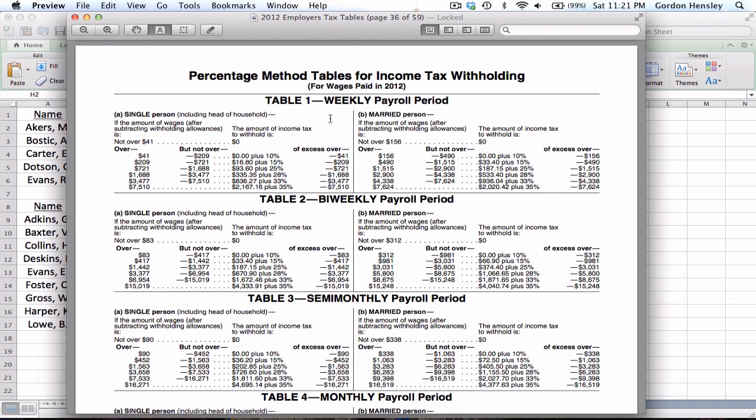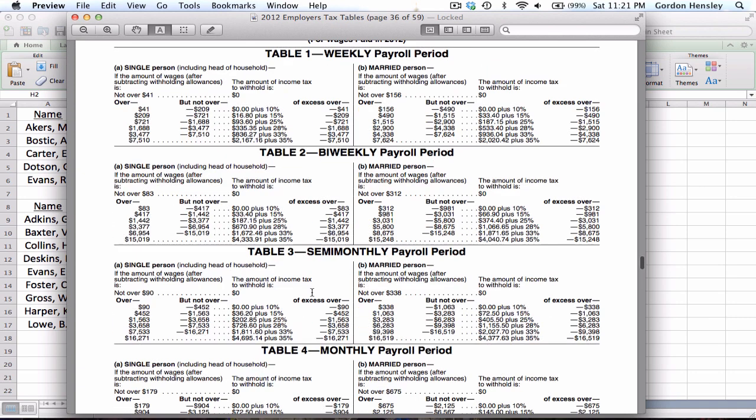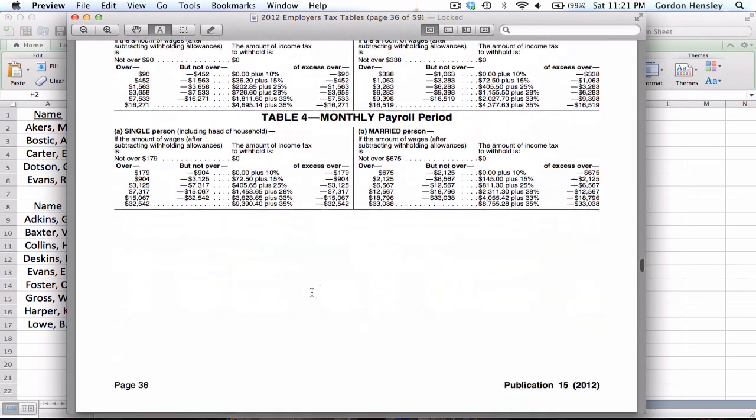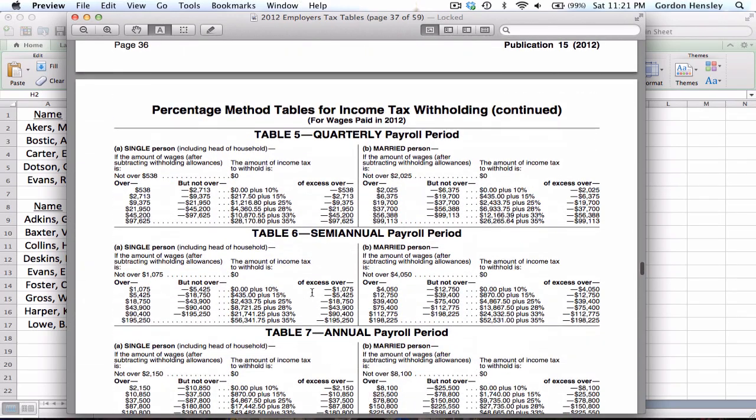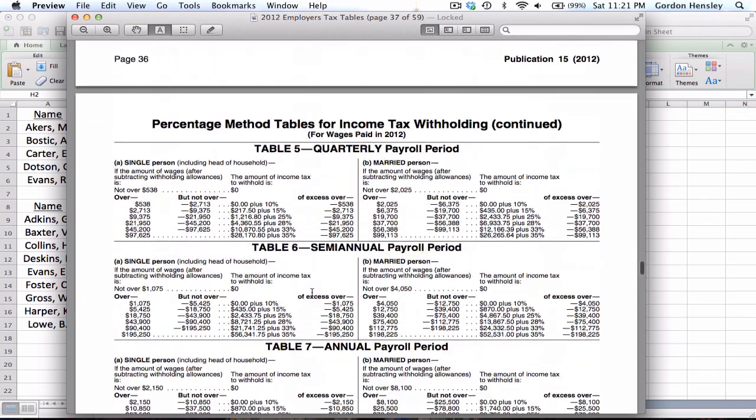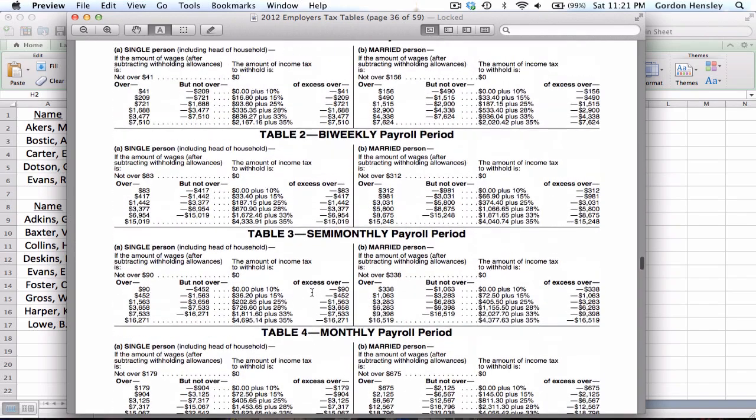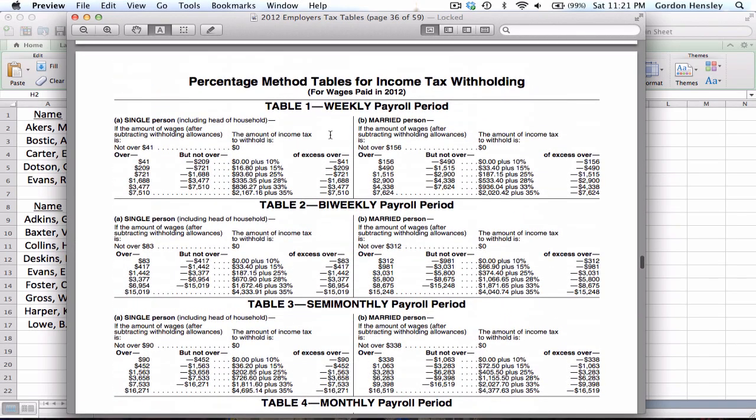Notice that these tables are organized by pay period: weekly, bi-weekly, semi-monthly, monthly, and so forth. And then the next page, quarterly, semi-annual, annual, daily. So they're organized in that manner. And what that means is, when I do these calculations, I always have to know the person's pay period. And I always have to be very cautious and double check to make sure I'm looking at the correct table.